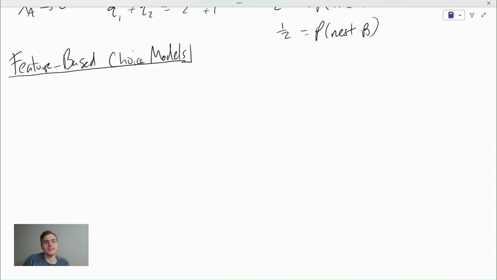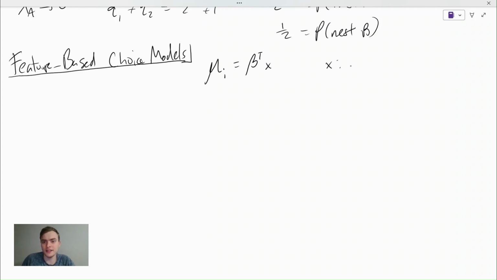An alternative has certain characteristics. Let's say the utilities come from this feature vector called x. And so u_i equals beta transpose x would be a linear regression on the feature set for some new parameter beta.